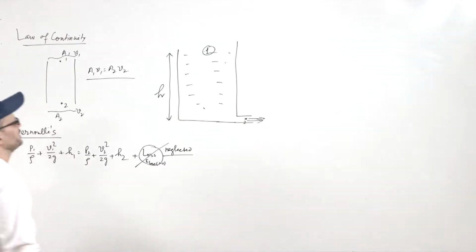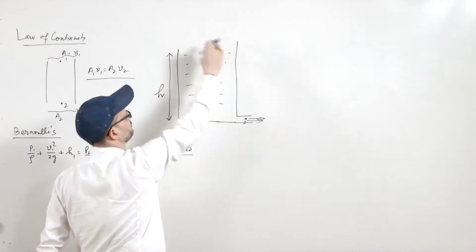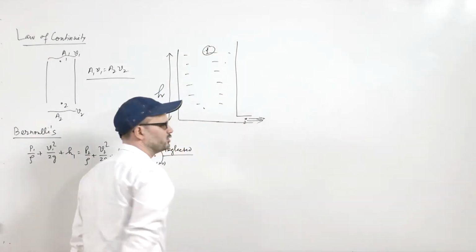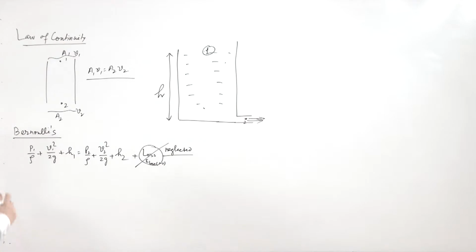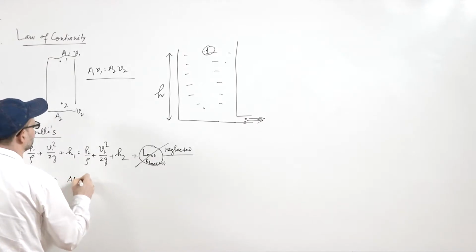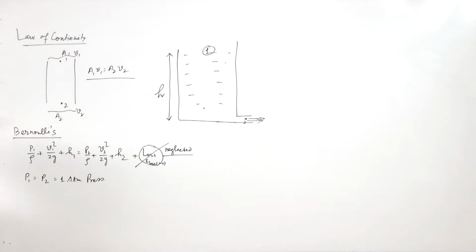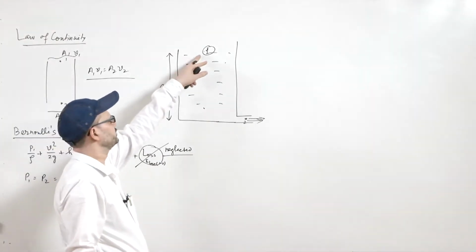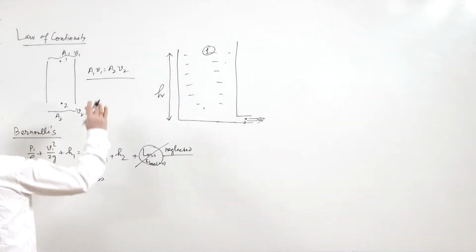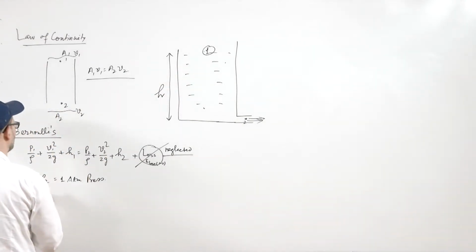Now, in this case, 1 is open to atmosphere, and 2 is also going into atmosphere. So, P1 and P2 are open to atmosphere, that is basically atmospheric pressure. Here the velocity of the fluid will be basically 0, so V1 is 0.